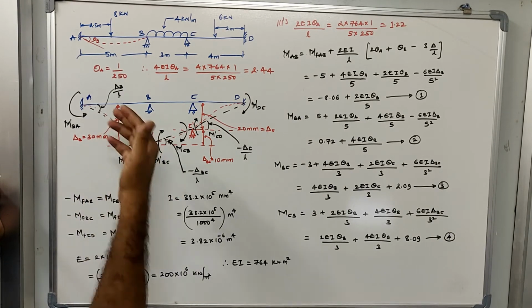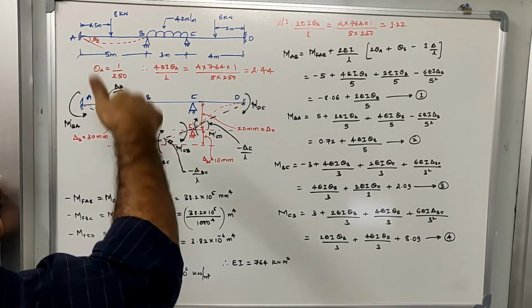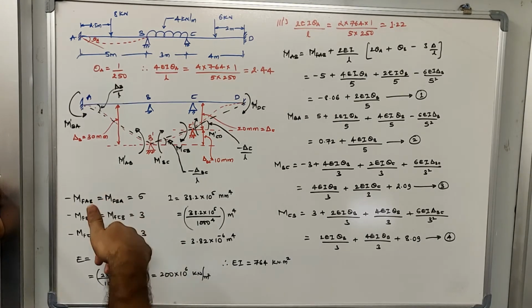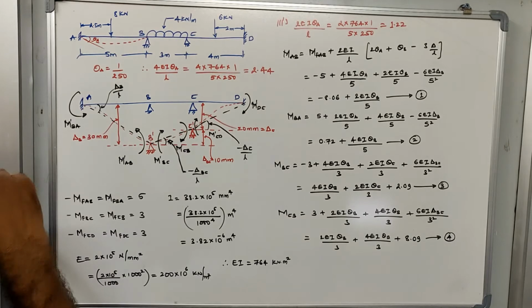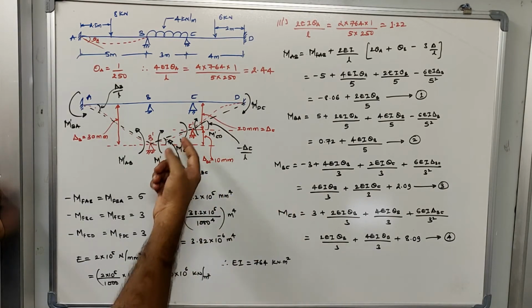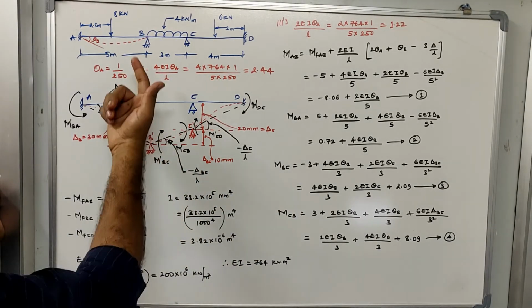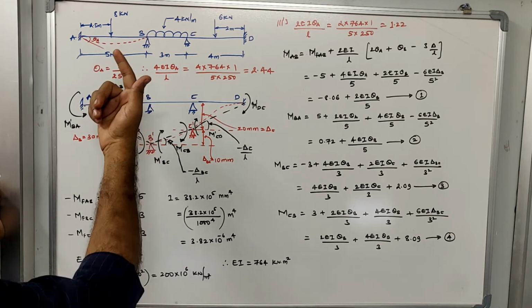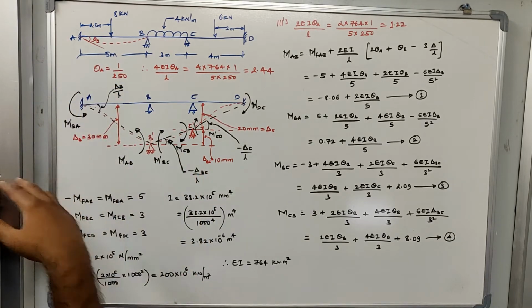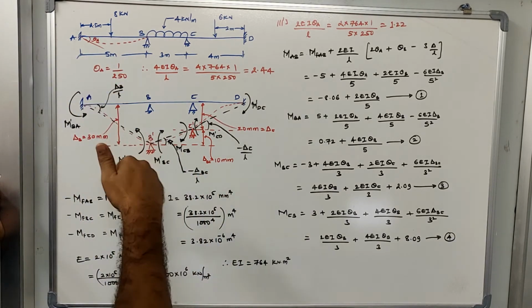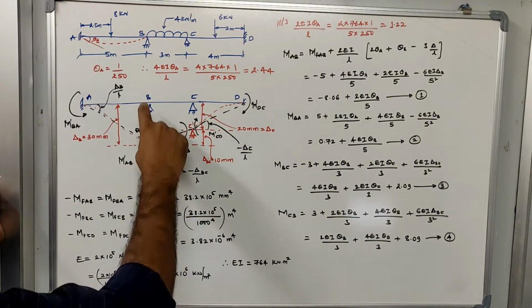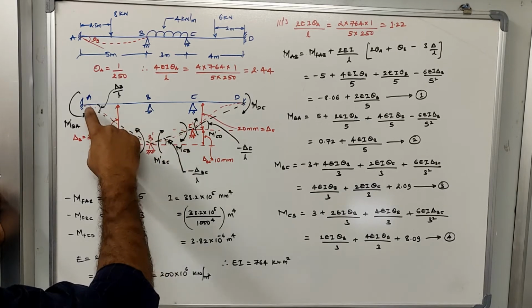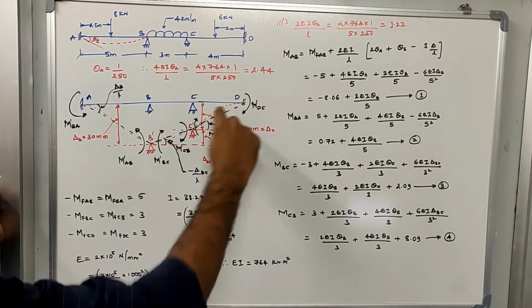As explained, it is settling in the downward direction, and I have considered both of them settled in the downward direction. There can be chances where it can settle in the upward direction, but in most questions, they tell you that the sinking takes place in the downward direction itself. Anyhow, support B sinks by 30 mm, support C sinks by 20 mm.